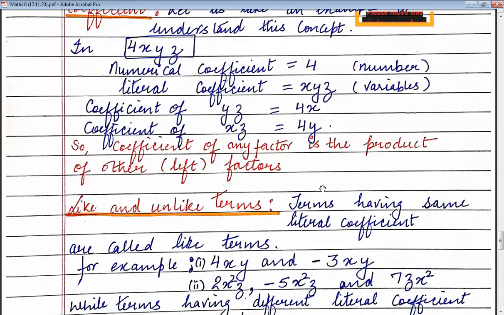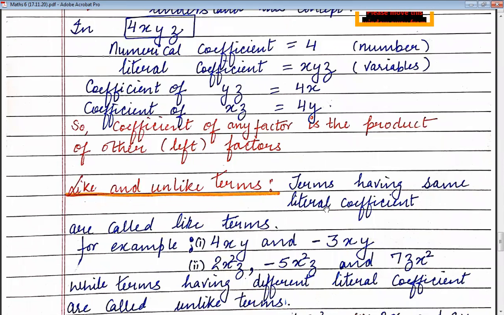Now next is like and unlike terms. Now children, like terms in an expression are those in which the literal coefficients are same. What are like terms? Like terms are those in which the literal coefficients are same.